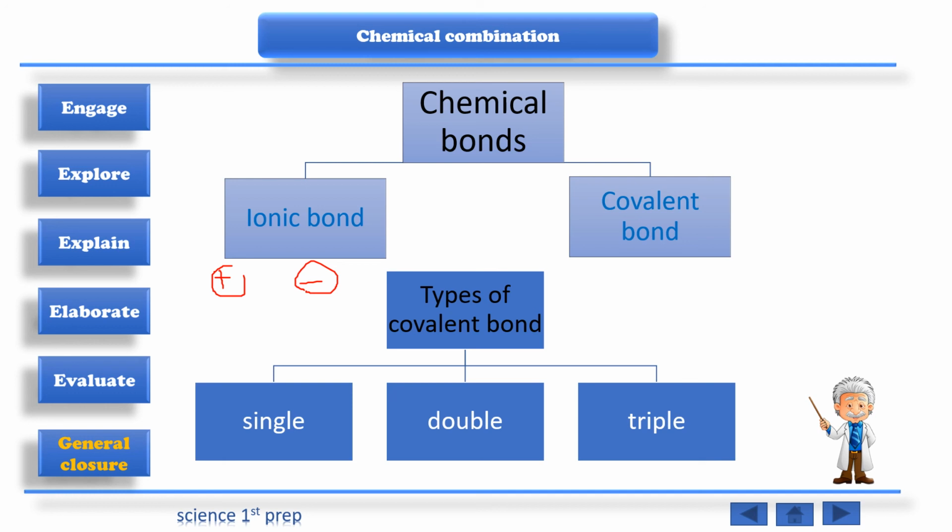Single covalent bond, each atom shares 1 electron. In double, each atom shares 2 electrons to complete the outermost energy level, like oxygen. And in triple, like nitrogen, each atom shares 3 electrons to complete the outermost energy level.